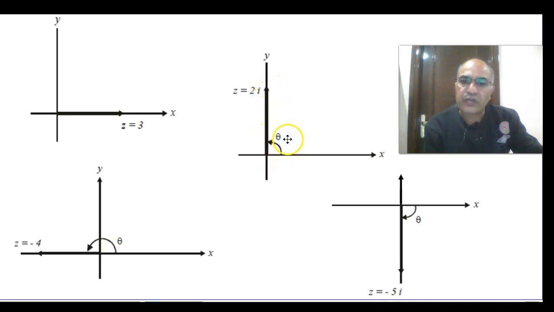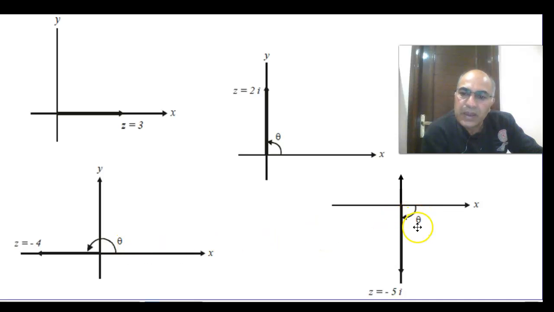It makes an angle of pi by 2 with the positive real axis, so its principal argument is pi by 2. Z is equal to minus 4 is making an angle of pi with the positive real axis, so its principal argument is pi. And minus 5 iota, its principal argument is minus pi by 2.